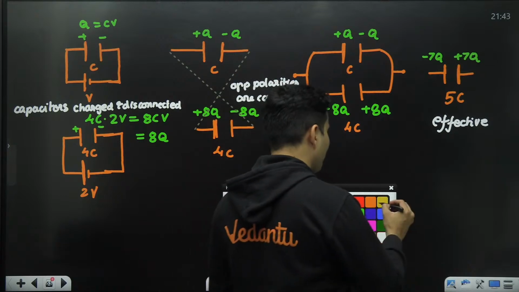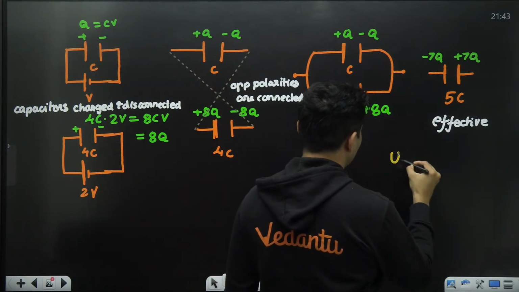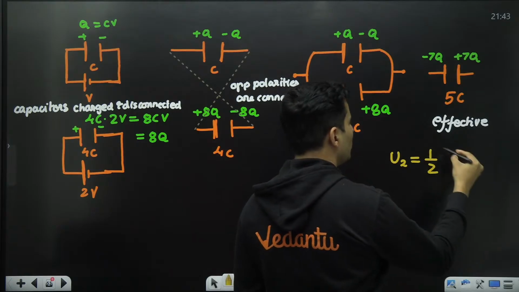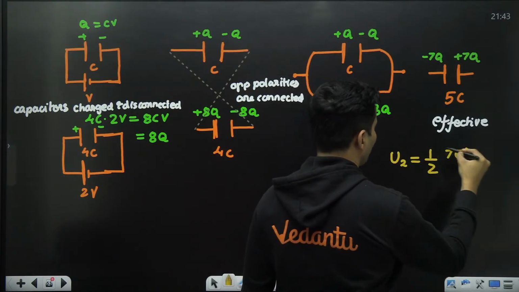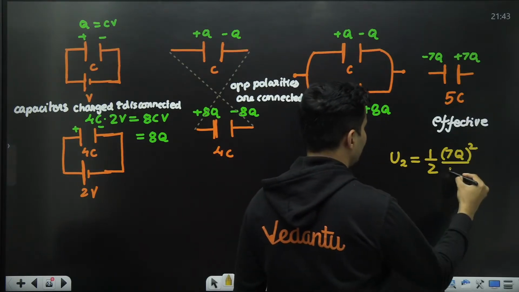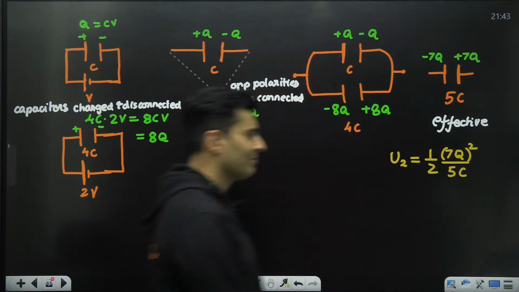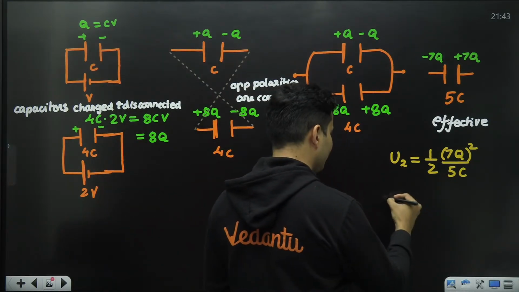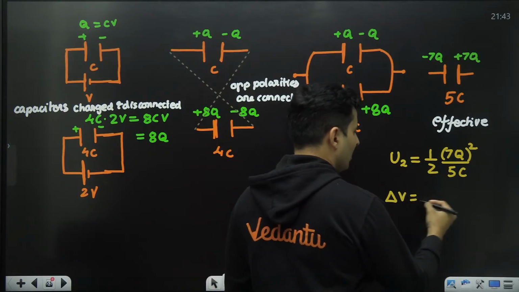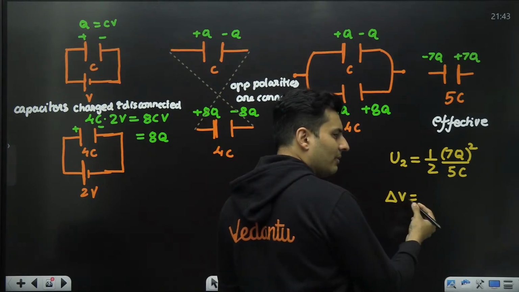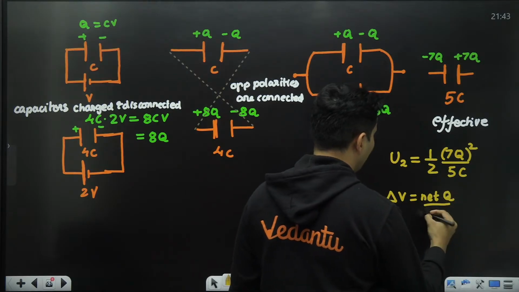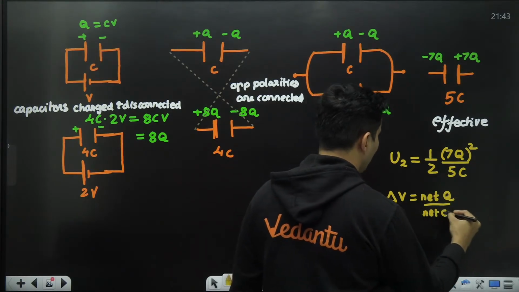So if at all we have to find the final energy, in this case it will be half Q square, which is 7Q whole square, by capacitance, which is nothing but 5C. That's it. If you have to find the final voltage, the net voltage, Q is CV, so V will be Q by C. So net charge divided by net capacitance.